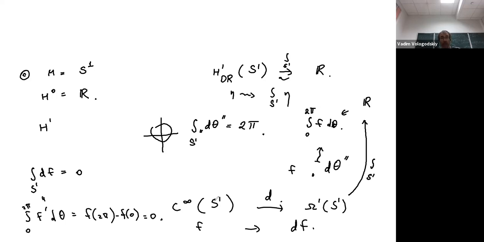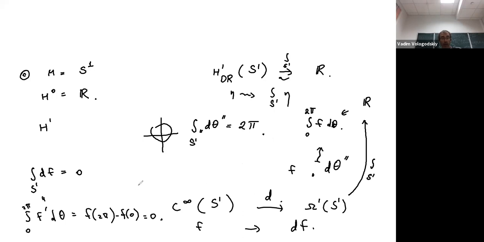What do we have? We have a one form eta on the circle, and we want to construct a function on the circle whose differential is eta. And a function on the circle is the same as a periodic function on the real line. So let's try to construct a function on the real line.